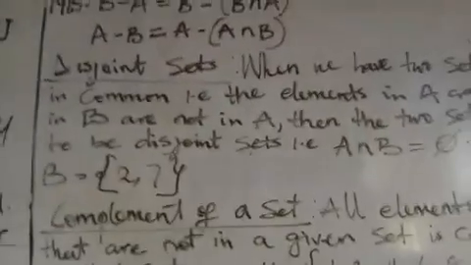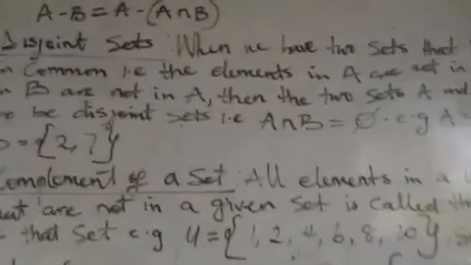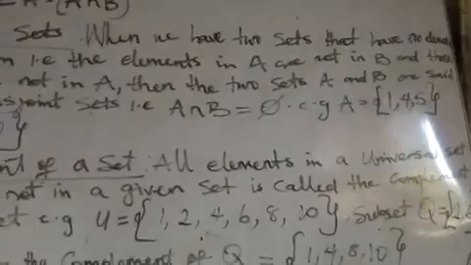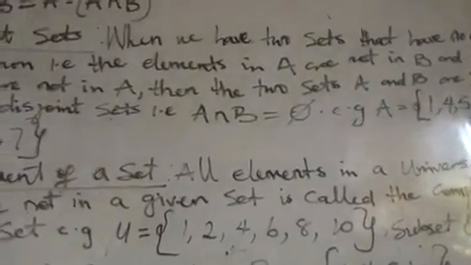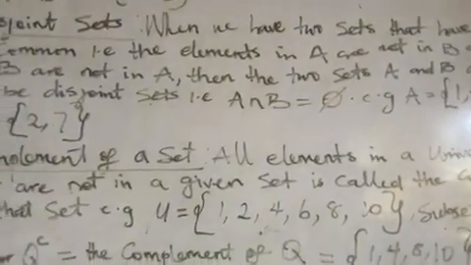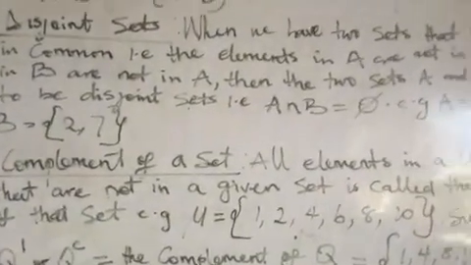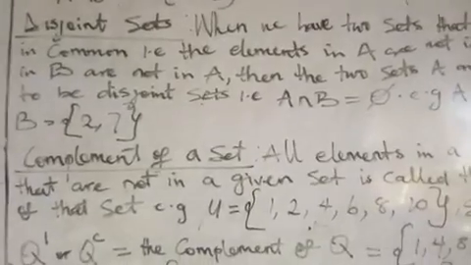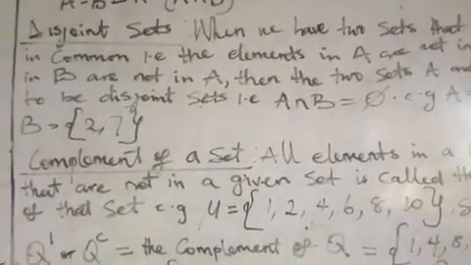So disjoint set is when we have two sets that have no elements in common. When you have two sets but there is nothing that is common to both of them, we say they are disjoint.